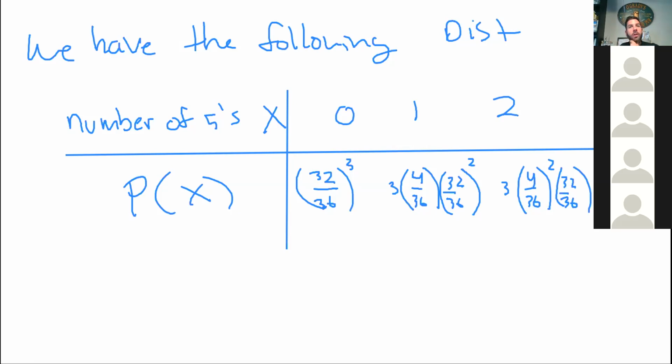Now, a good experiment for you to do is to calculate each one of those numbers on a calculator and see exactly how intuitive this probability distribution is. It should match your intuition, and it should also provide you with some sort of motivation.